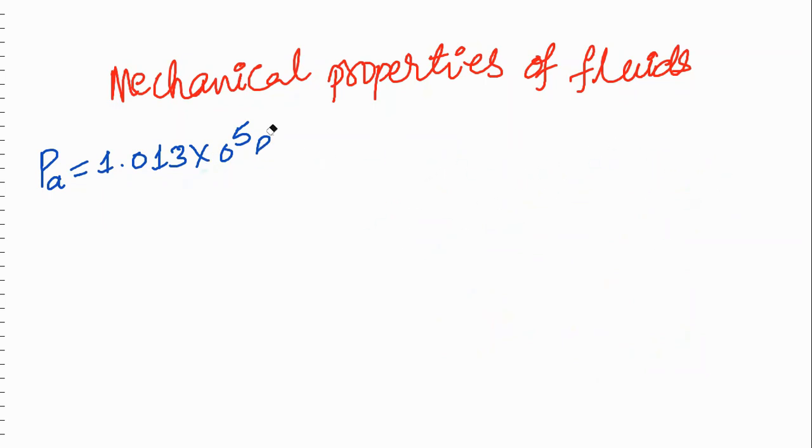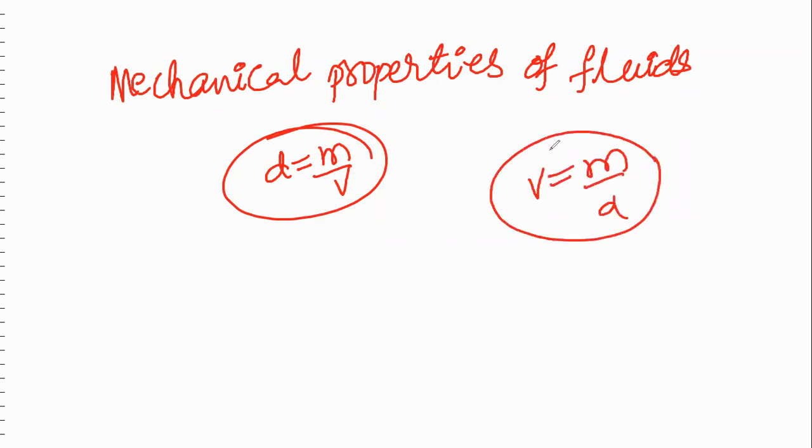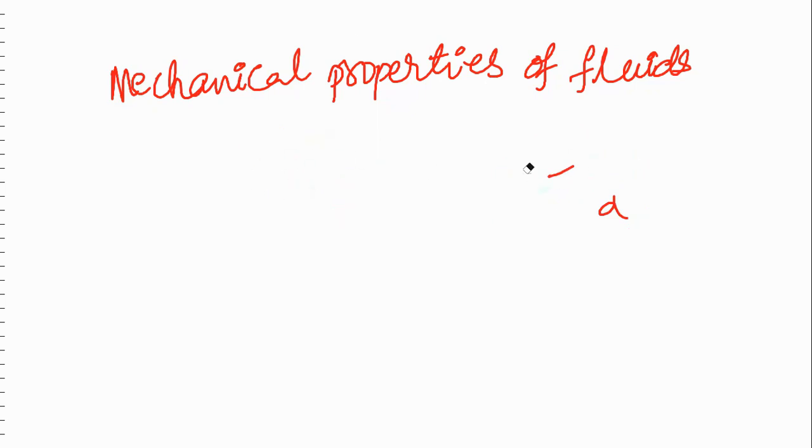Density is equal to mass divided by volume, and from this we may write that volume is equal to mass by density. What we are doing here: two liquids are there.